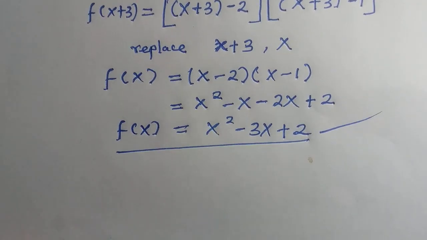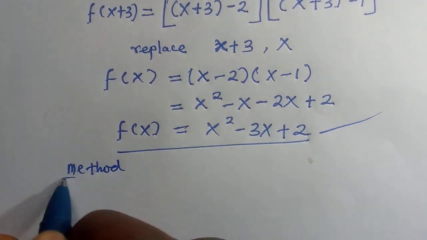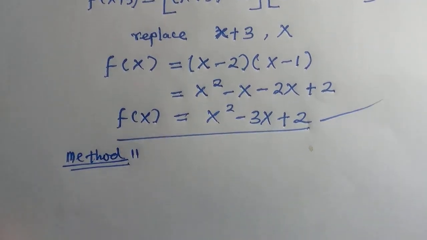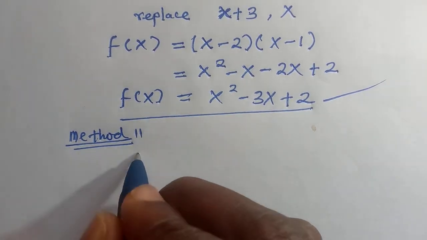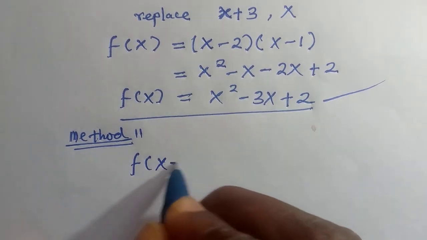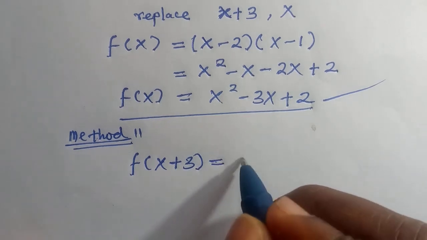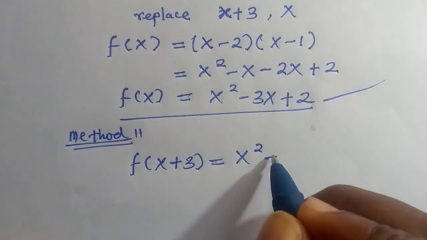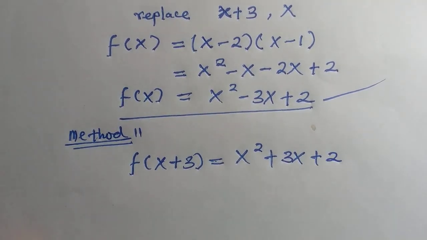Again, we have what we call method 2 of solving this. The method is the substitution method, that is from f of x plus 3, which equals x squared plus 3x plus 2.